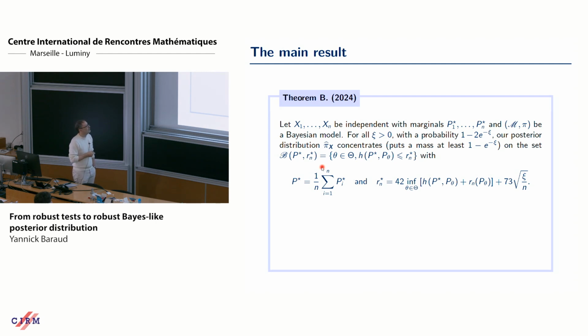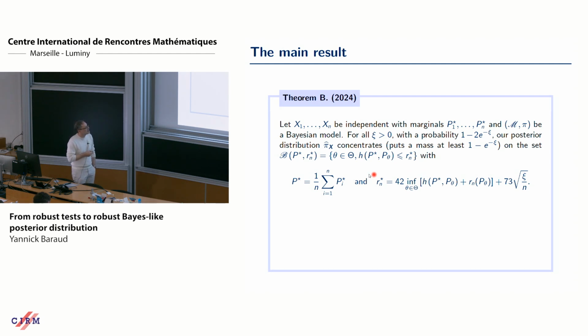If the model is well specified, if everything is perfect, then p theta star would be an element of my statistical model. This approximation term will be 0, and you will just concentrate at the usual contraction rate that people in Bayesian statistics calculate.